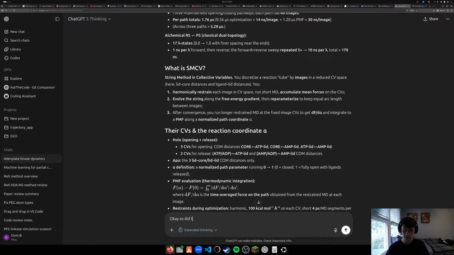Okay, so did they basically run normal MD to get the opening and closing, and then they did SMCV, or did they use SMCV to get opening and closing in the first place? Let's start with the holo case.